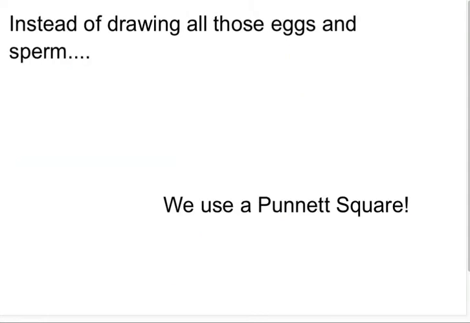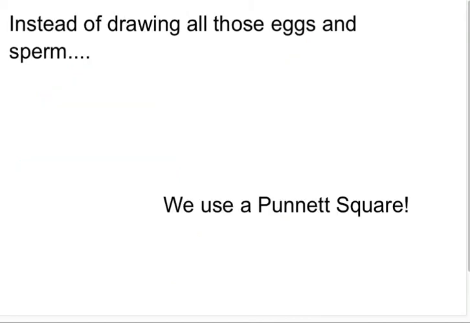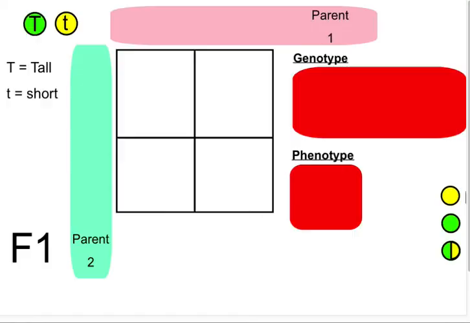So now, we could draw those all out every time and then decide, okay, if this egg matched this sperm, and this egg matched this sperm, and try to decide what the possible traits are. We could do that, but instead we use a tool called a Punnett square. A Punnett square looks like this. It's just a square. We put one parent's genotype here, and we put the other parent's genotype here.